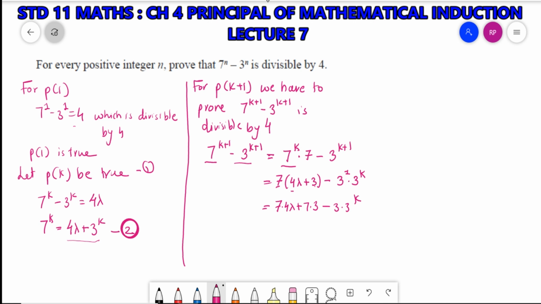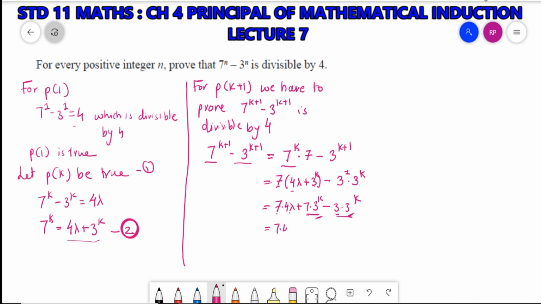Clear? So I can take 3 raised to k common from this and this.